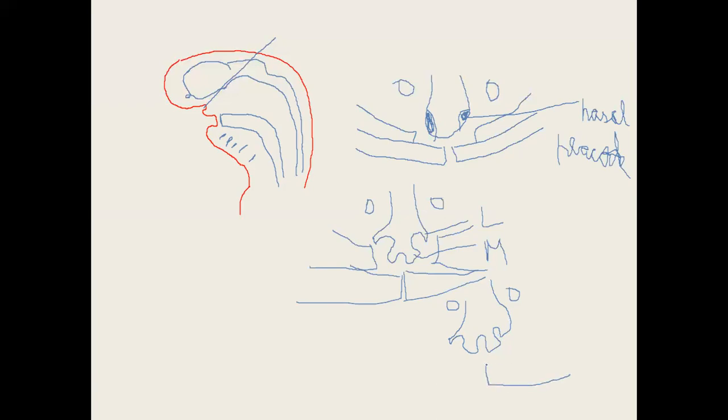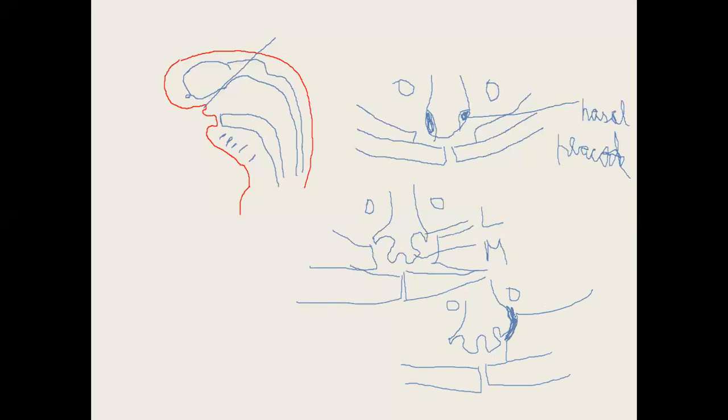This is the mandibular prominence, and this one is the maxillary prominence which has receded, and this one is the thickening along this nasolabial groove.